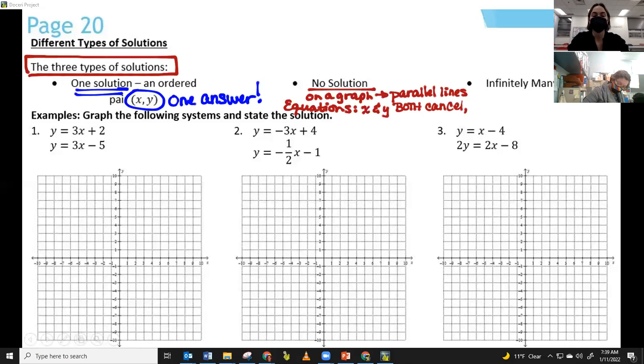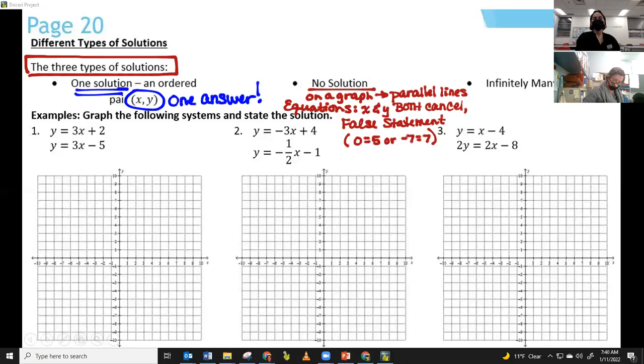And then I'm left with a false statement. Something like 0 equals 5 or negative 7 equals 7. Those would be false statements. Those things are not equal.